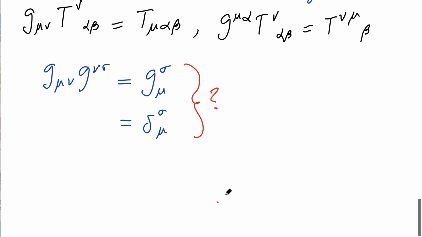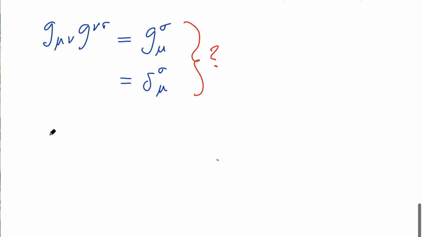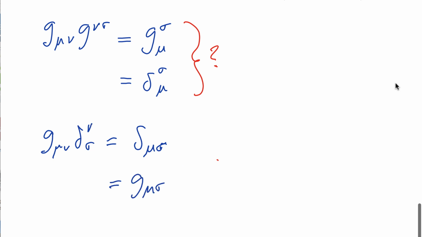A similar ambiguity in notation occurs if we let the metric act on the Kronecker delta. By our naming convention, we use the same base letter delta and use the metric to lower this index nu and turn it into a mu, and then we have the index sigma. On the other hand, we know there's a sum over this repeated index nu, and the only non-zero term in the sum is when nu is equal to sigma, so this is equal to g mu sigma.